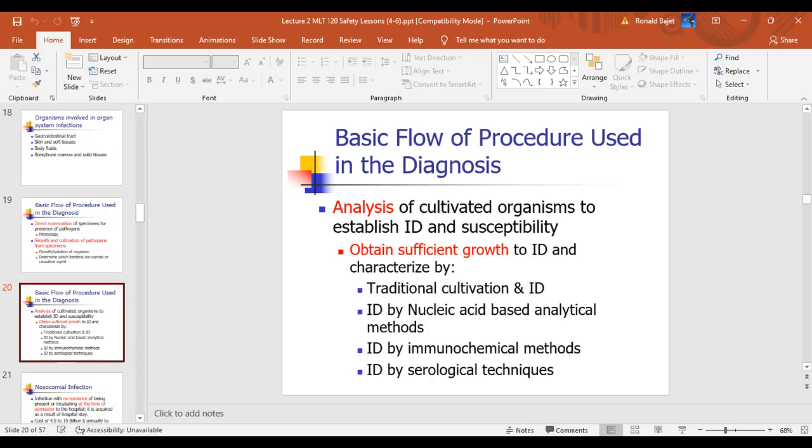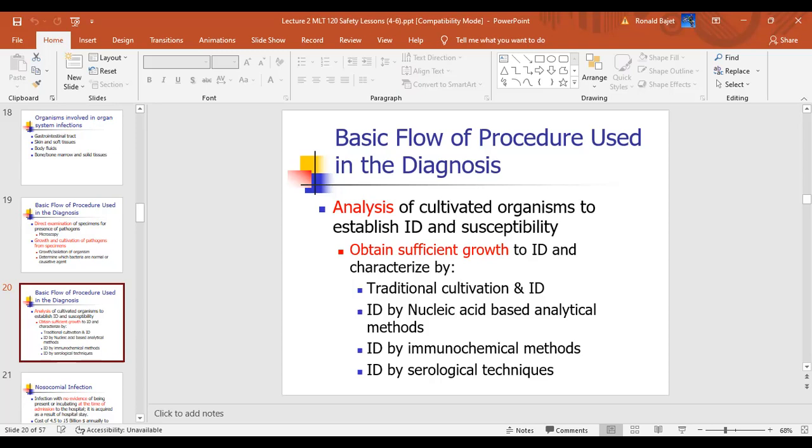Both of those, the Kirby-Bauer sensitivity and the MIC susceptibility testing, although two different methods, will give you similar results. It'll tell the doctor the best antibiotic that can be used to treat the patient.